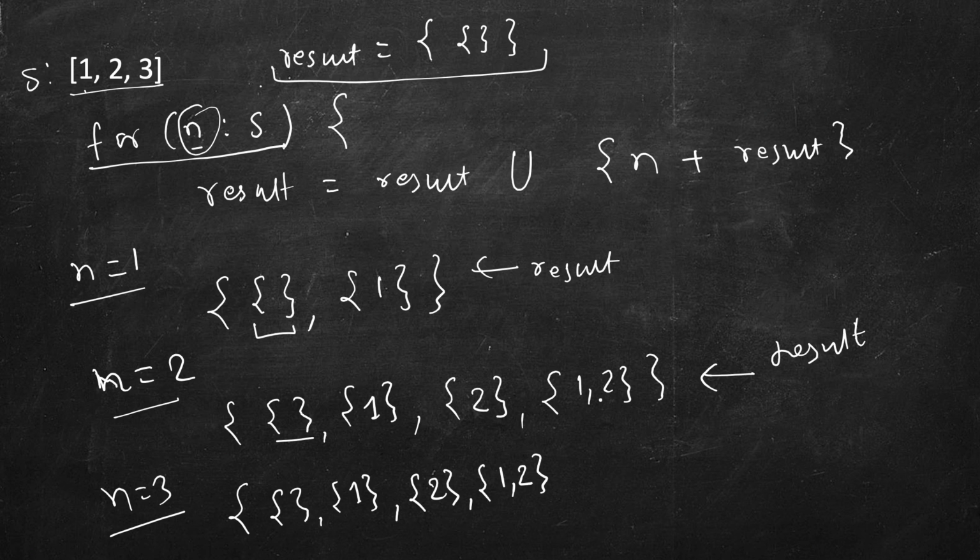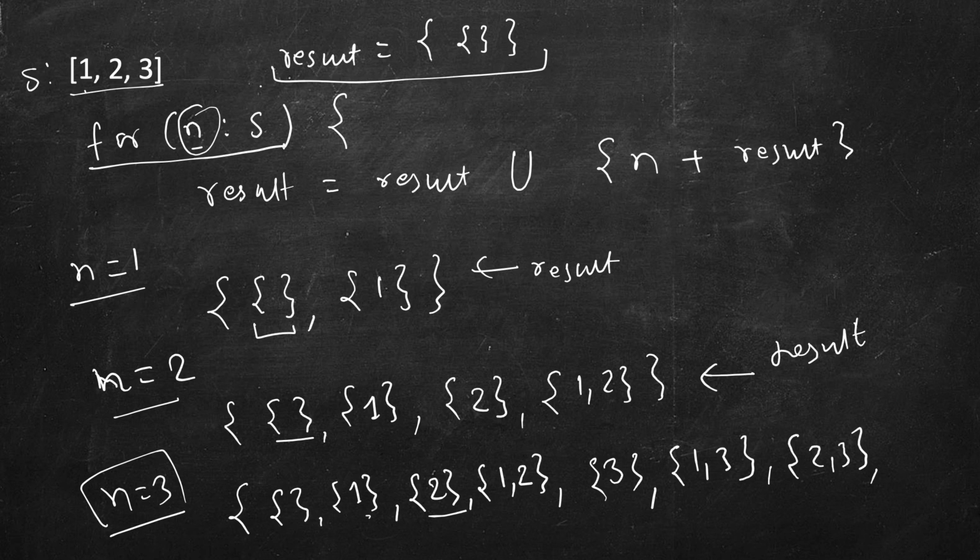So we have 4 elements, so we will take the first 4 elements of the result and add 3 to it and push it back. So in this, if we add 3, we get 3. In this we add 3, we get 1 3. In this we add 3, we get 2 3. And in this we add 3, we get 1 2 3.